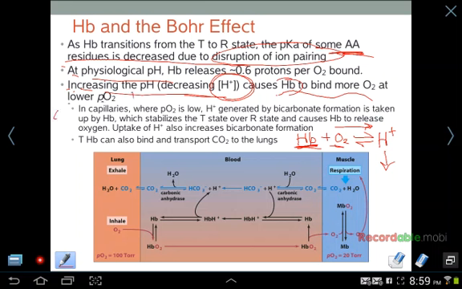This is important in capillaries, where the partial pressure of oxygen is low. Protons can be generated by bicarbonate formation. Remember, we're talking about the bicarb buffer in the blood. So if we form bicarbonate, we can produce protons.